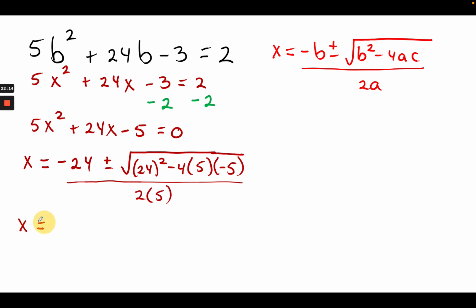So x is equal to, let's see, negative 24 plus or minus the square root. Okay, 24 squared, that's going to be 576.